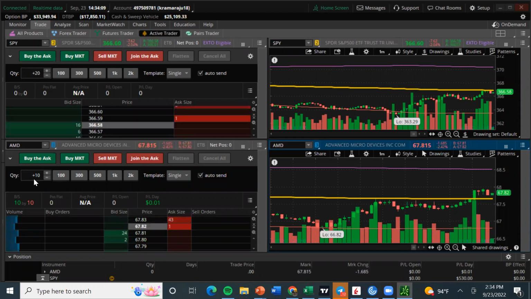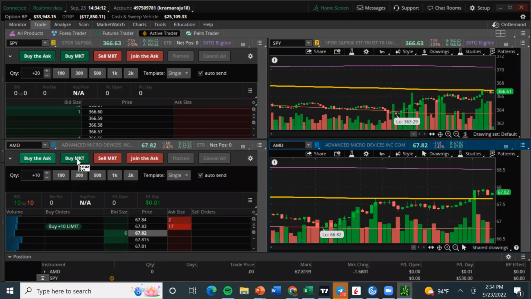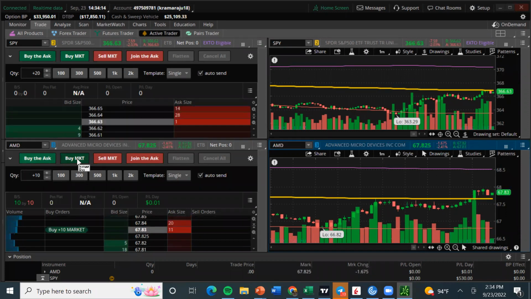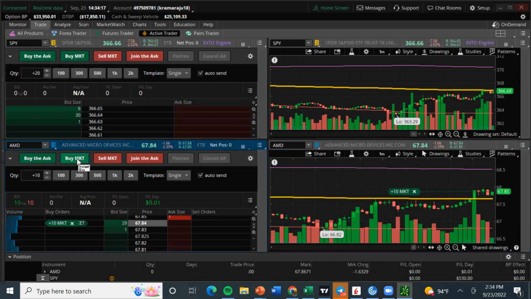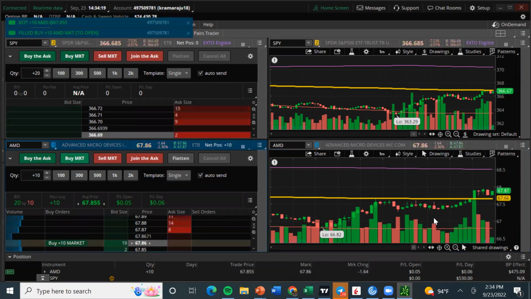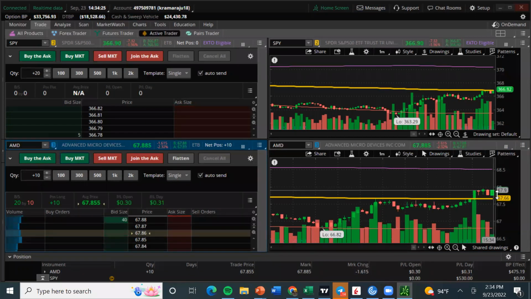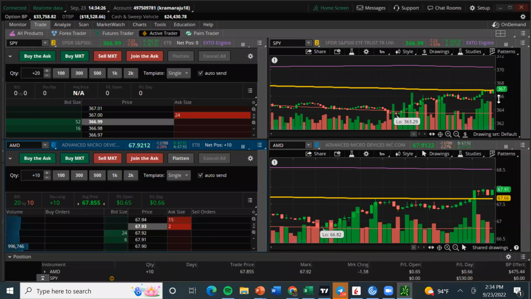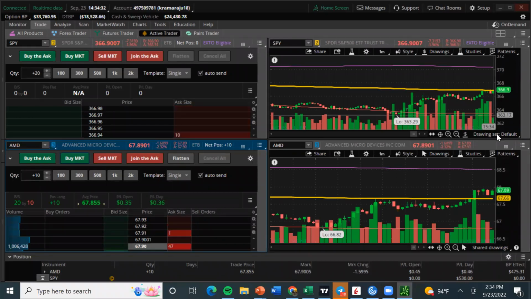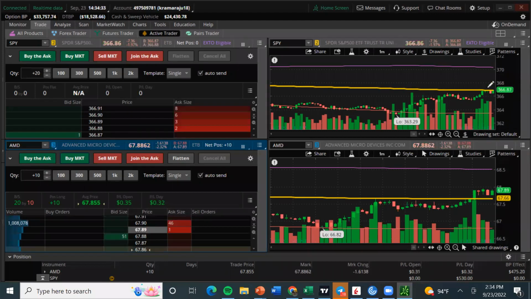Again, I want to buy 10 more stocks by the market. Because you see that there is a lot of buying pressure with AMD. Even here, it is trying to break. There is a lot of buying volume.